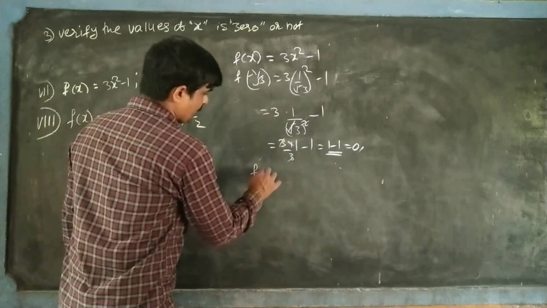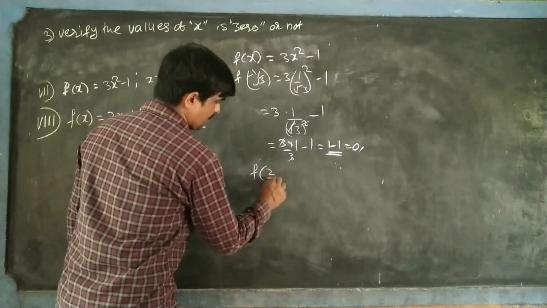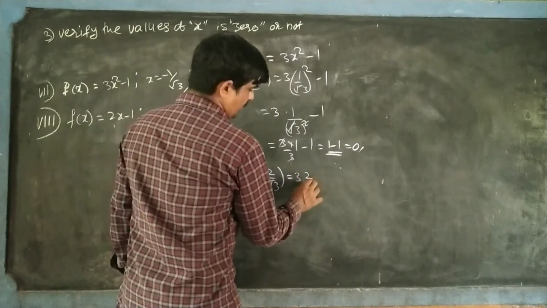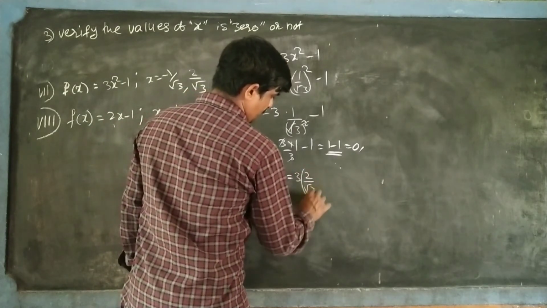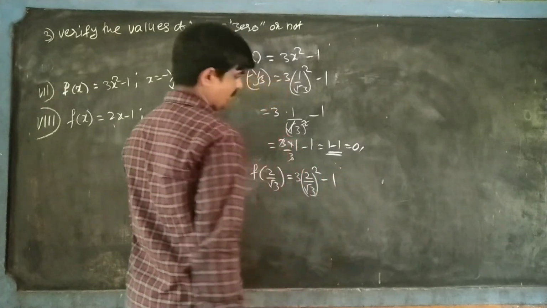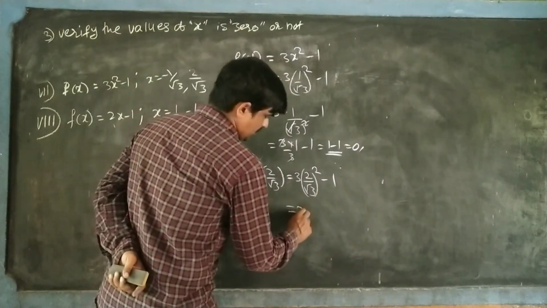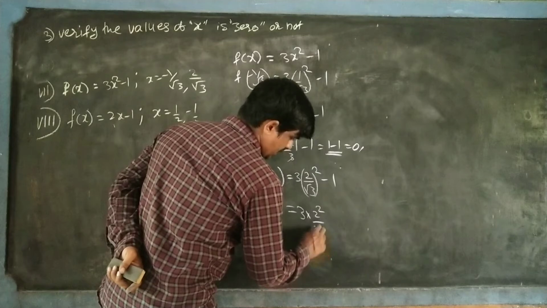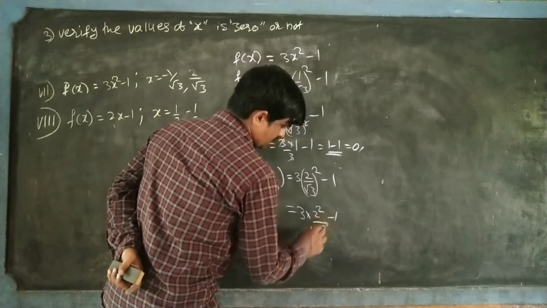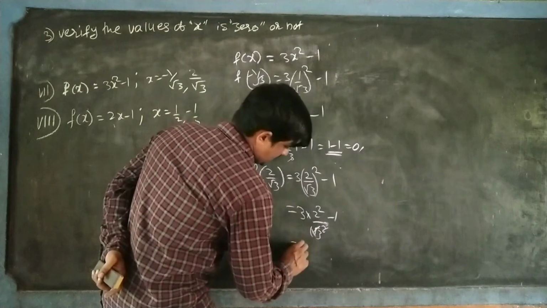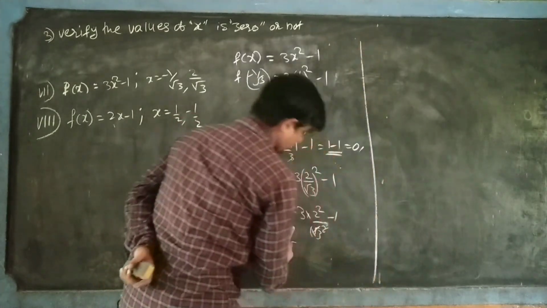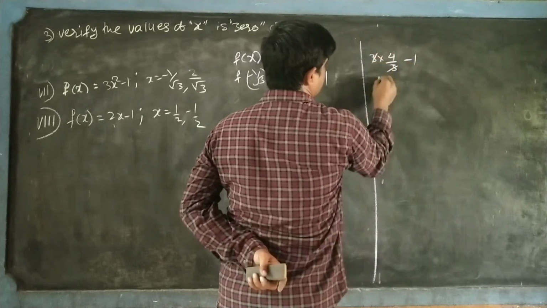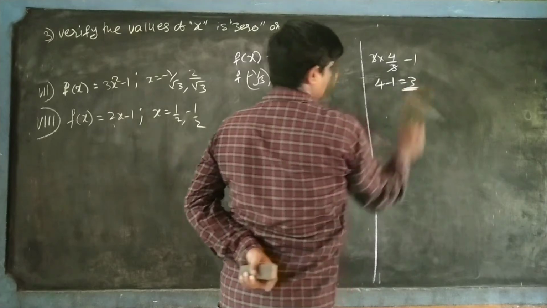Next, f of x at x is equal to 2 by root 3 is equal to 3 into 2 by root 3 whole square minus 1. That is equal to 3 into 2 power 2 by root 3 power 2 minus 1. Root 3 gets cancelled. Again, 3 into 4 by 3 minus 1. 3 gets cancelled. 4 minus 1 that is equal to 3.